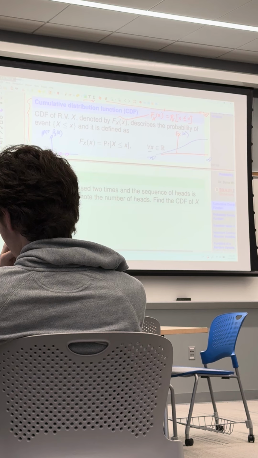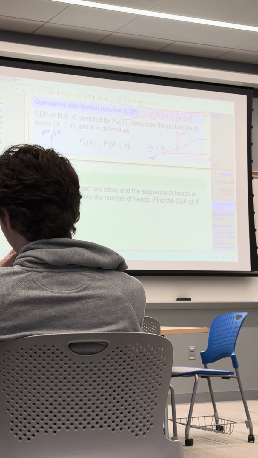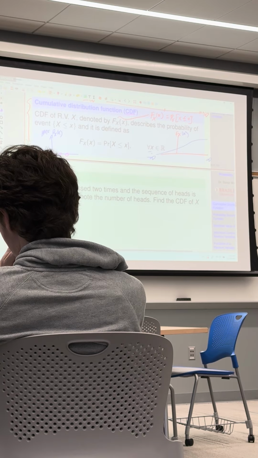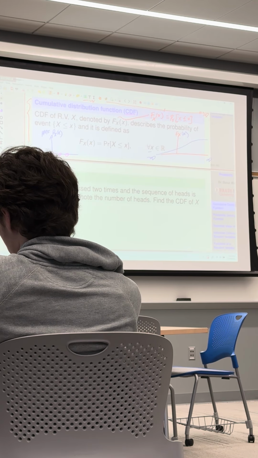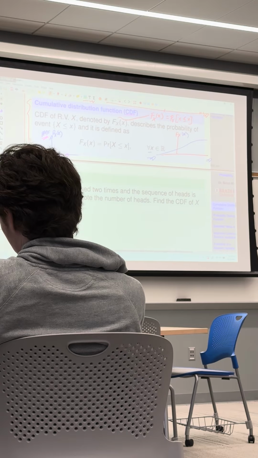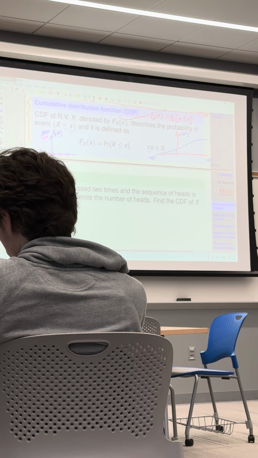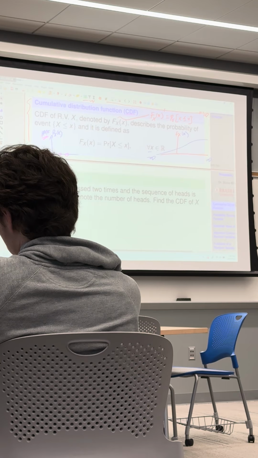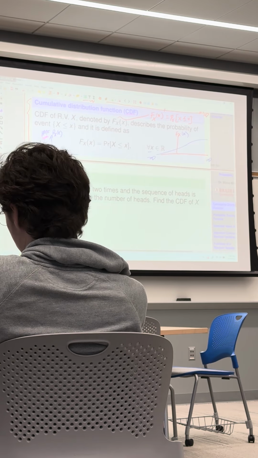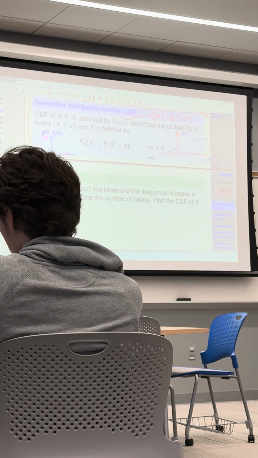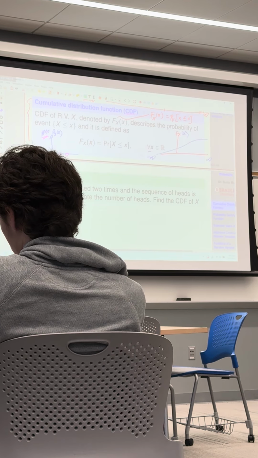The probability mass function is applicable for discrete random variables. But the cumulative distribution function is a continuous function that can be used for both discrete and continuous random variables. Very important. So the CDF is a more generic version of the PMF. You don't have to use the PMF to determine probability. If you know the CDF, then you are set. You should be able to determine the probability for both continuous and discrete random variables.